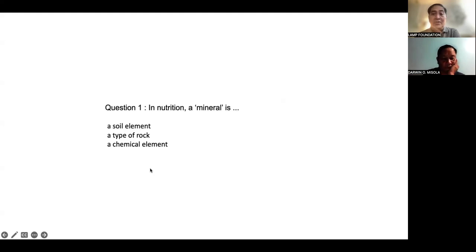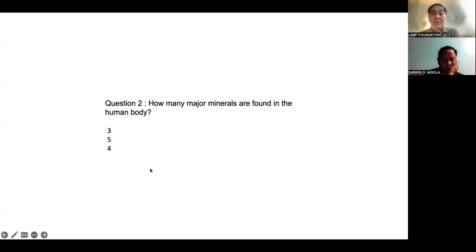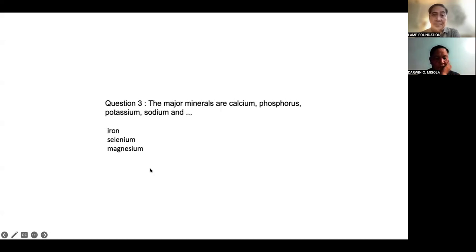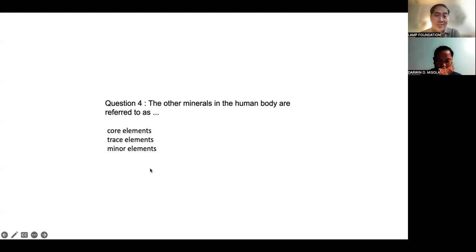In nutrition, a mineral is a chemical element. How many major minerals are found in the human body? Five, doc. The major minerals are calcium, phosphorus, potassium, sodium, and magnesium. Other minerals in the human body are referred to as trace elements.